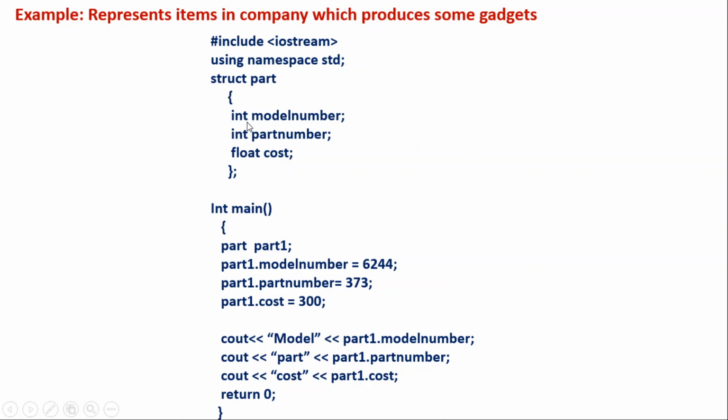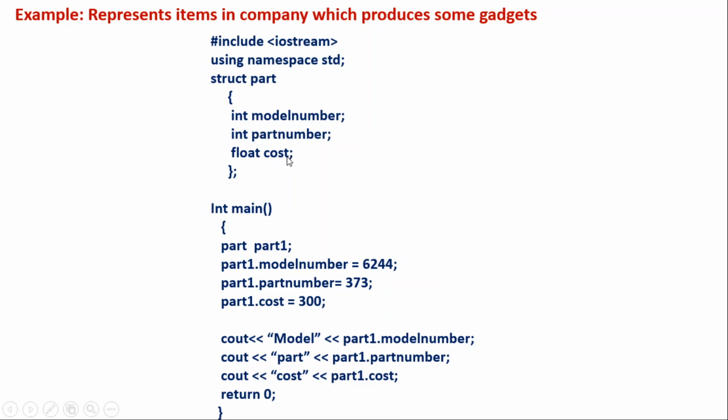Then I defined three structure members, and the first structure member is integer type. The name of the structure member is model number. Basically it represents the gadget's model number. The second variable is part number, the number of the part, which is also of integer type.